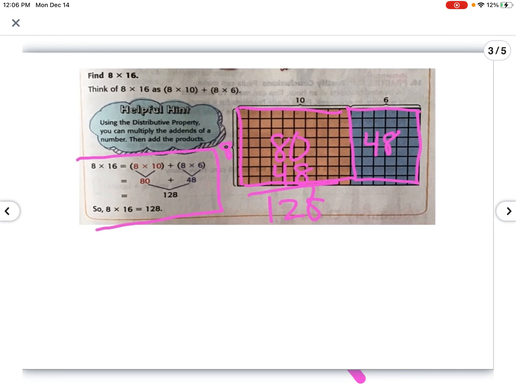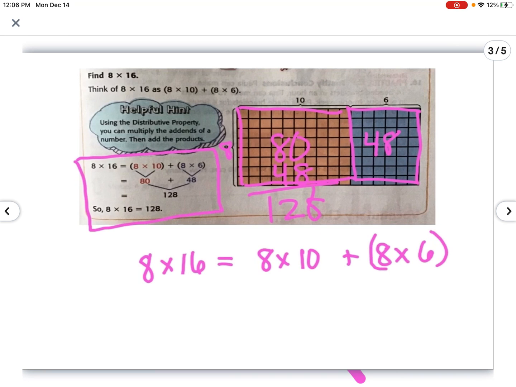When we do the distributive property, though, it looks different. It's going to be more like a line. So it would look like this, 8 times 16. So I would have 8 times 10 plus 8 times 6, and put this in parentheses. Okay?